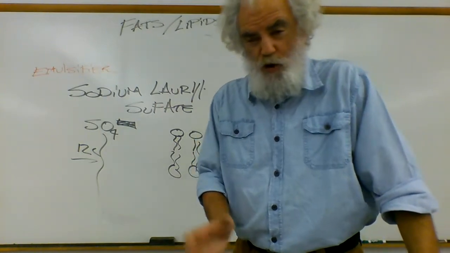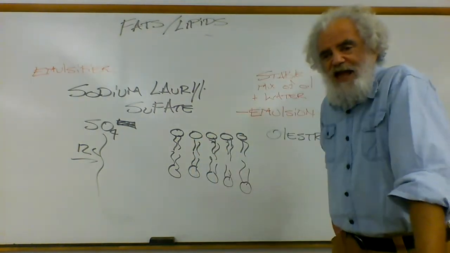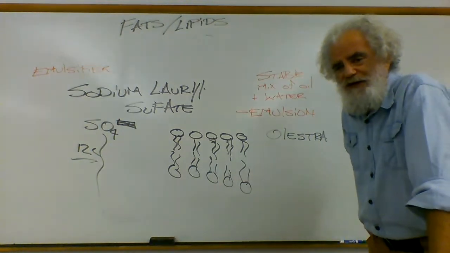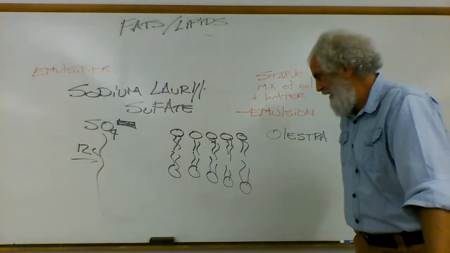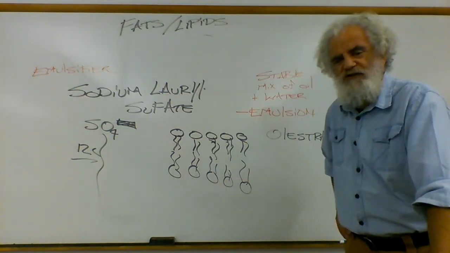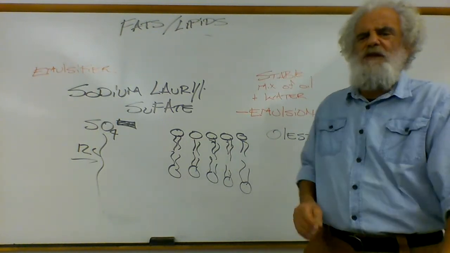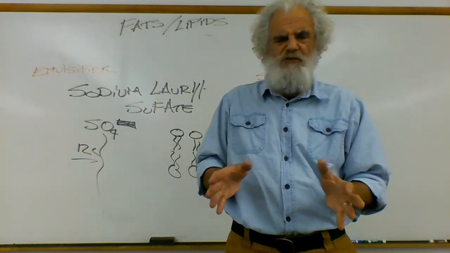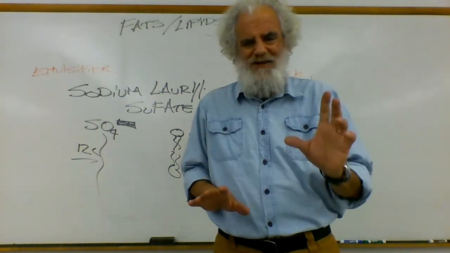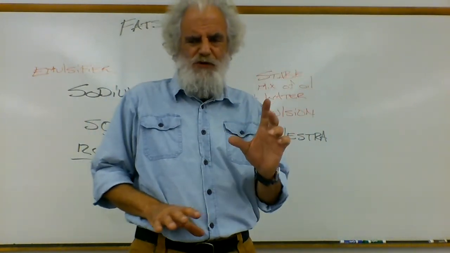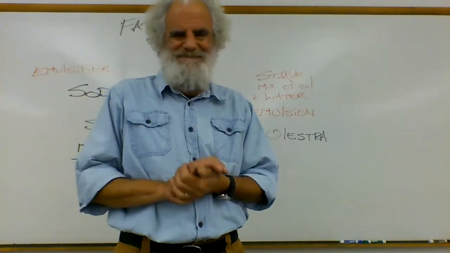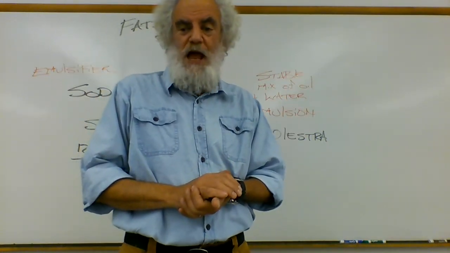Now, Olestra does the same thing. And so one of the things they had to put on the label, and I think they've been able to change the label lately, is that it causes loose stools, diarrhea, and something they called anal leakage, which I saw on a label of Pringles, and I'm like, nah, I really am not interested in eating that.